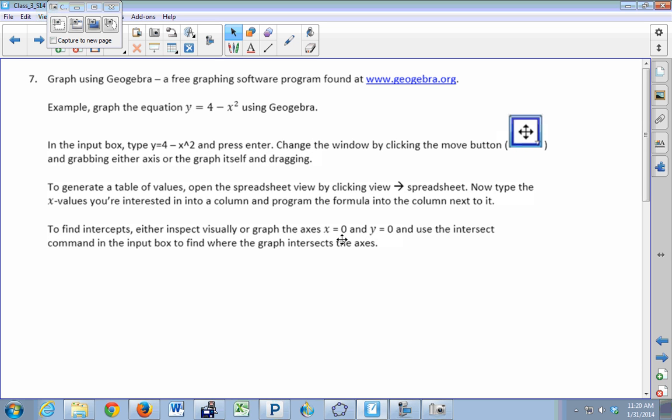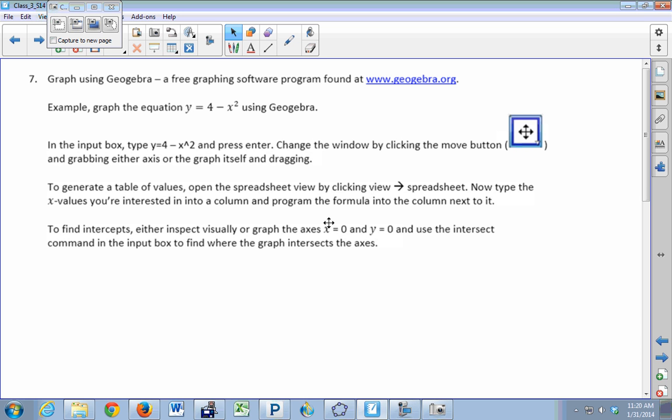We started off the class with this equation, and we graphed it by hand. We've looked at it with our graphing calculators. I want to show you how you enter an equation with GeoGebra, how you change the window, how you generate a table of values, and how you do some intersections.